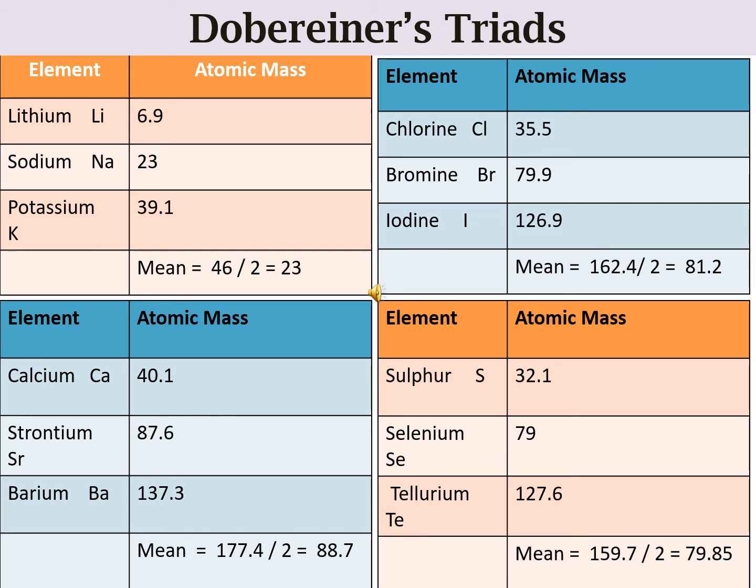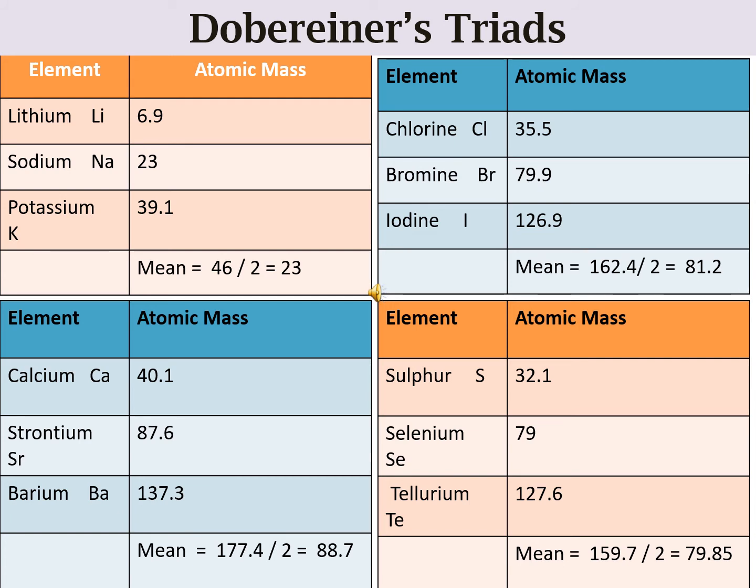Now the exact atomic mass of bromine is 79.9, but here we have got 81.2, but this difference can be ignored a little bit, and we can consider this also to be a triad.